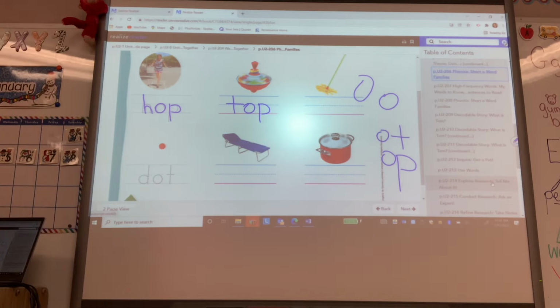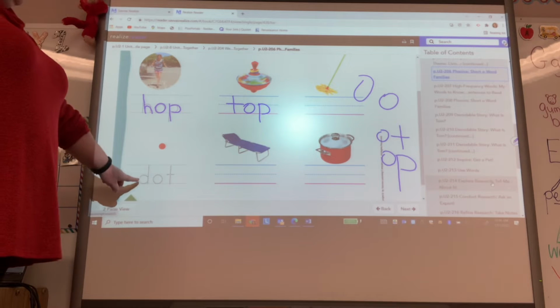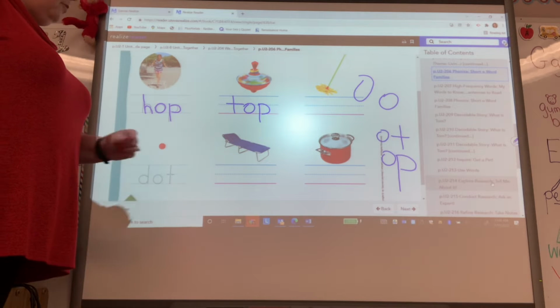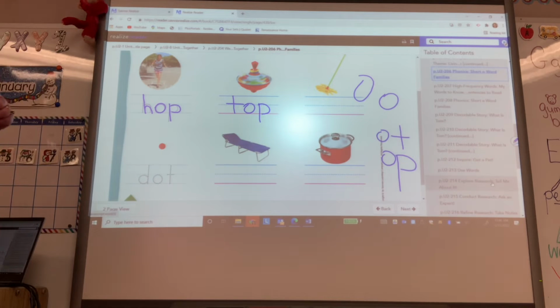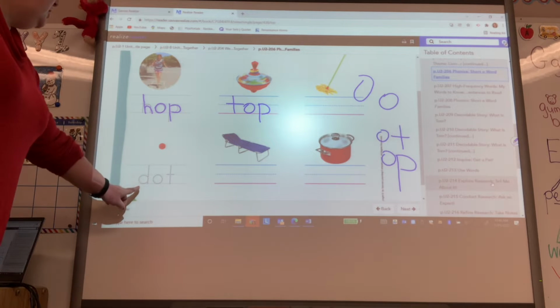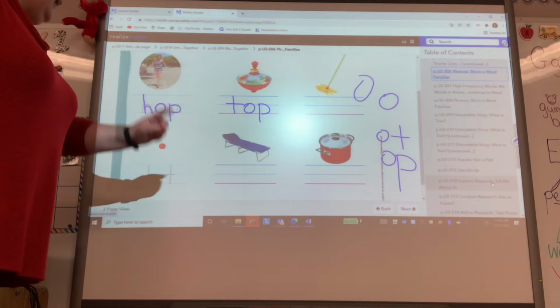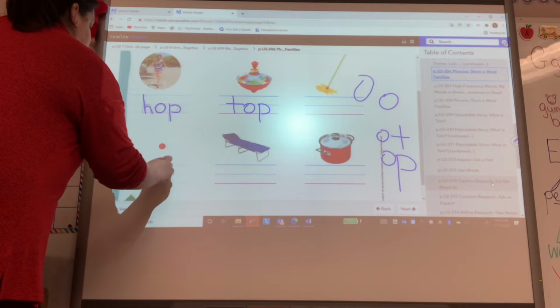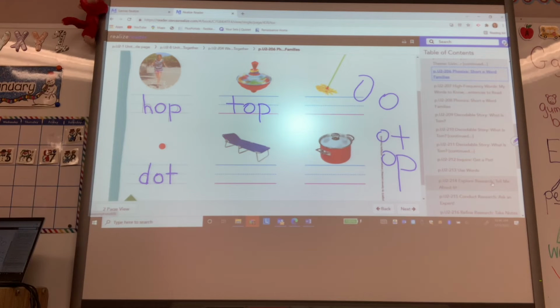Now this one. What is this? What is this word? We have the letter D, and that makes the d sound. And we know that the letters O-T together make the ot sound. So let's put it together. D-ot. Dot. So go ahead and trace the word dot.